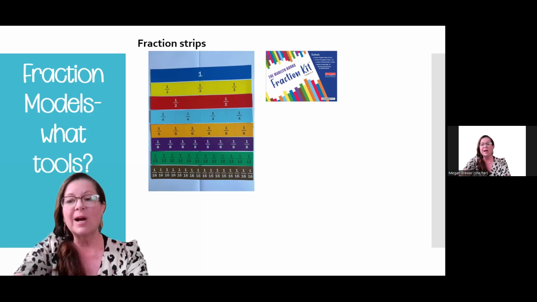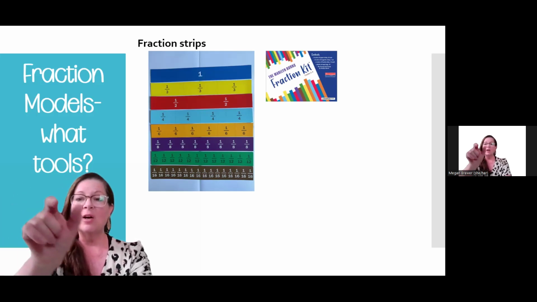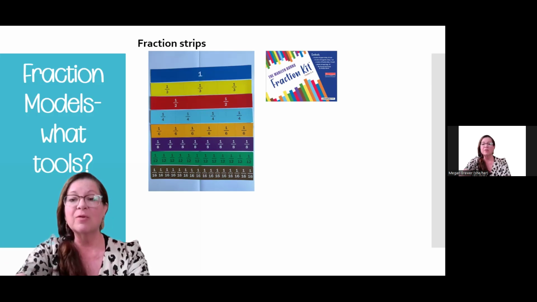The benefit of using fraction strips to support students' understanding of the area or region model is that students can line up the different fractional pieces for easy viewing of fractional size. For example, they can visually see that 1/3 is larger than 1/4. In fact, they can line up two 1/6s and see that they equal the same amount as 1/3.